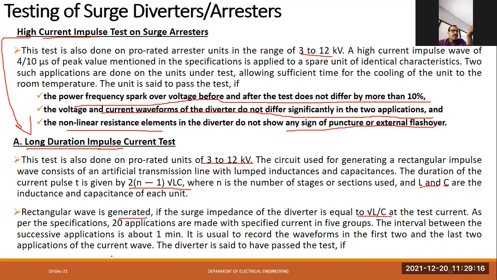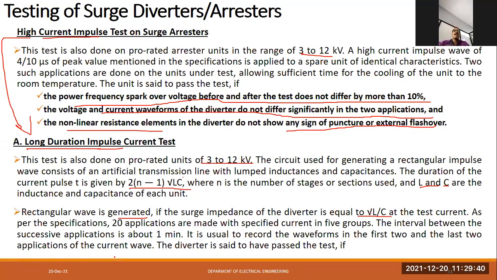As per the standard specification, we make 20 applications of the specified current in separate groups, with an interval of about 1 minute between applications, showing successive applications. It is usual to record the waveform for the first and second applications in the current wave.